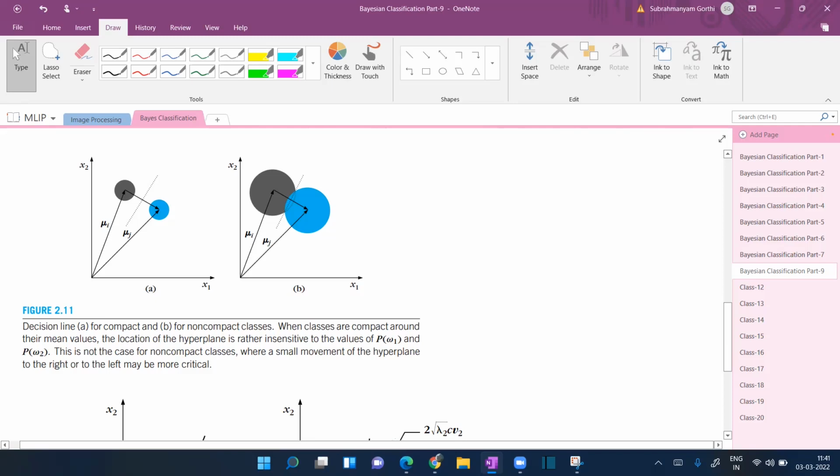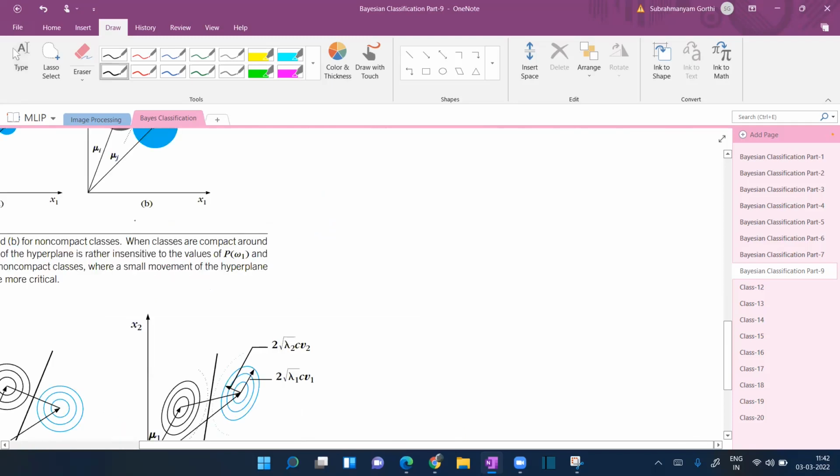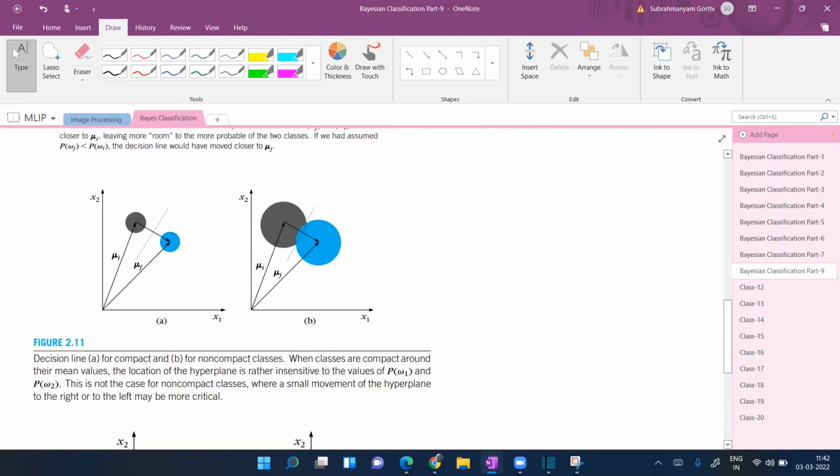Very good. So when you see here in this image, when variance is less, of course, this is perpendicular, but even if you move this line to this side and that side, since the variance is the same, you would again get the same decisions.